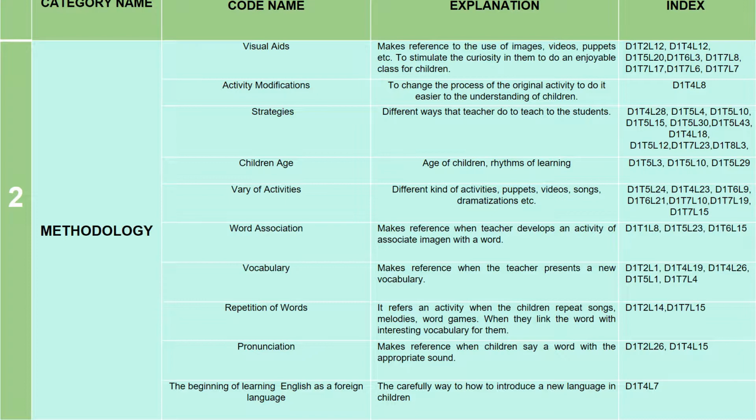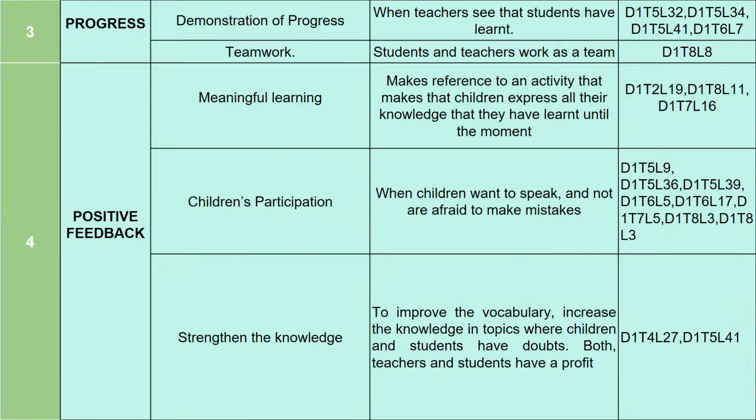For example, visual aids, activity modification, word association, vocabulary, repetition of words, pronunciation, the beginning of learning English as a foreign language. Positive feedback. In this space, we see the advance of students after the teacher implements their strategies, so it can be said that progress and teamwork were the most significant.